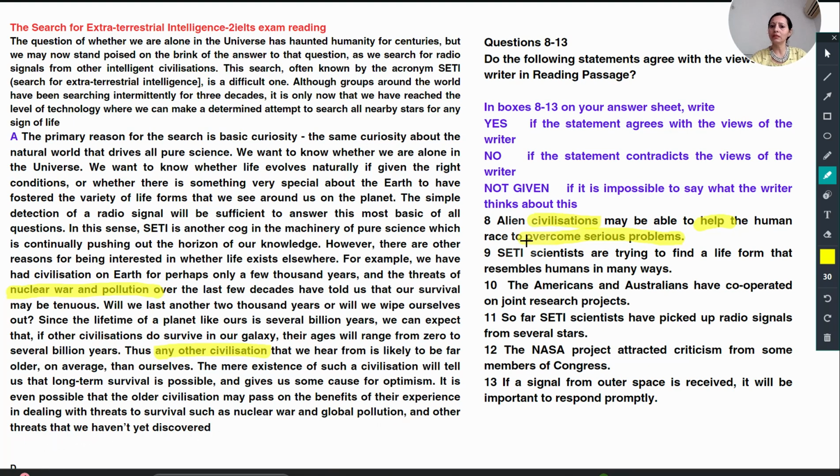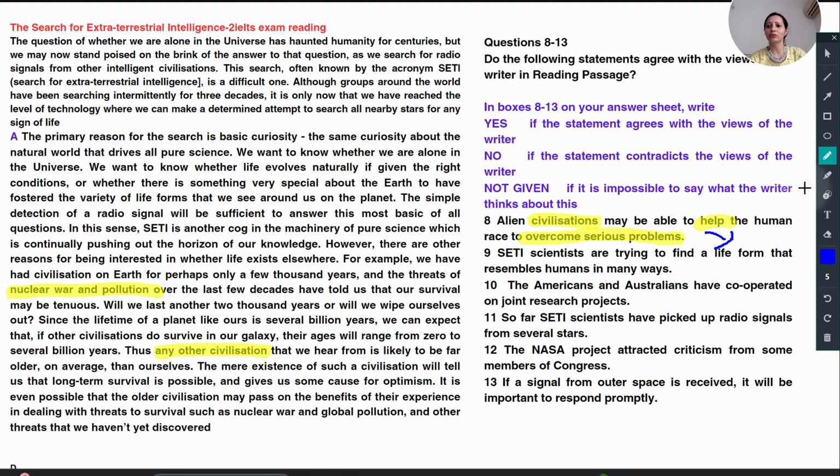Dealing with threats means overcoming problems to survival. It means these civilizations may be able to help the human race to overcome serious problems. So this is clearly saying yes. Here I will just put Y only, because it is not possible to write the full word yes.